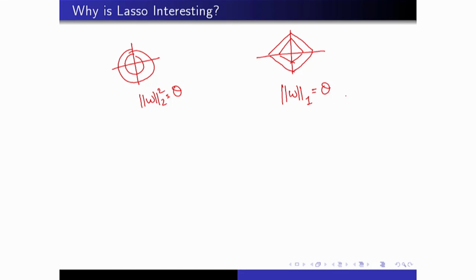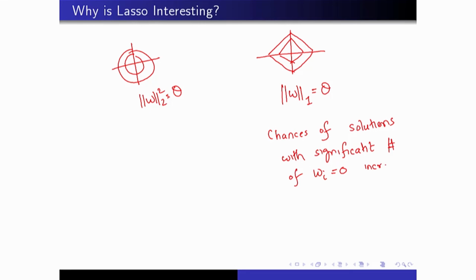So with an increasing number of corners, what also happens is the chances of solutions with a significant number of components of w being 0 increase, which means you'll have sparser w solutions.